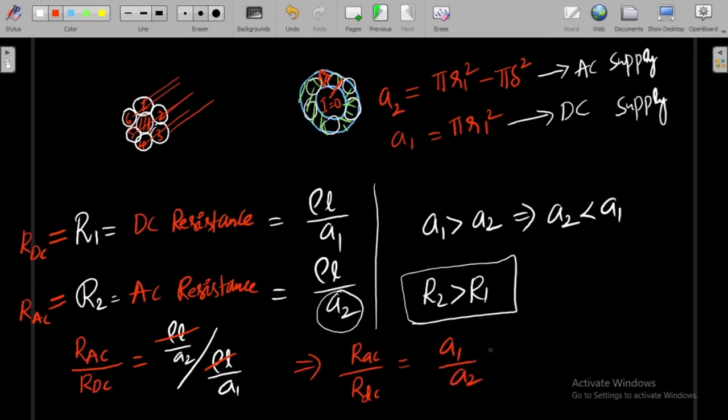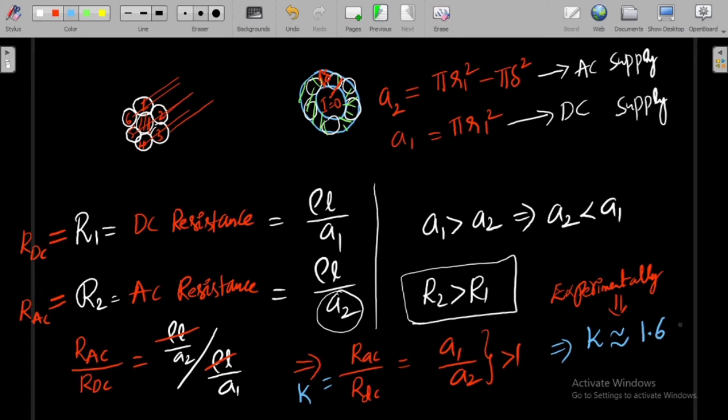As A1 is greater than A2, this ratio is greater than 1, and experimentally it is shown that we call this ratio K, which is the ratio of AC resistance to DC resistance. It is greater than 1. Experimentally we got this K value as almost equal to 1.6.